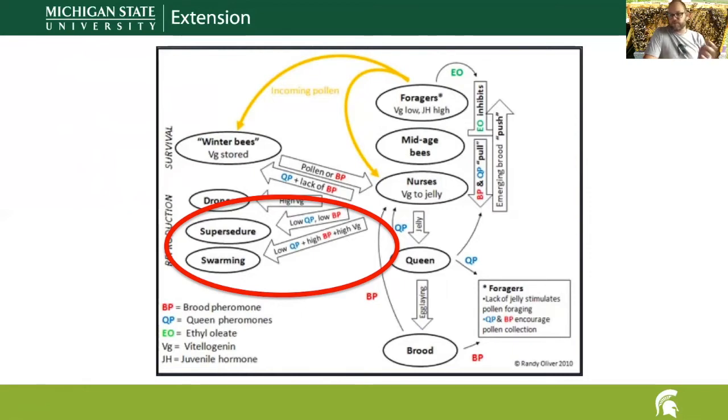Vitellogenin is a complex fatty protein, a glycoprotein. Without getting deep into vitellogenin, it's in high amounts with young bees. So a high vitellogenin amount is an indication of a large number of young bees.